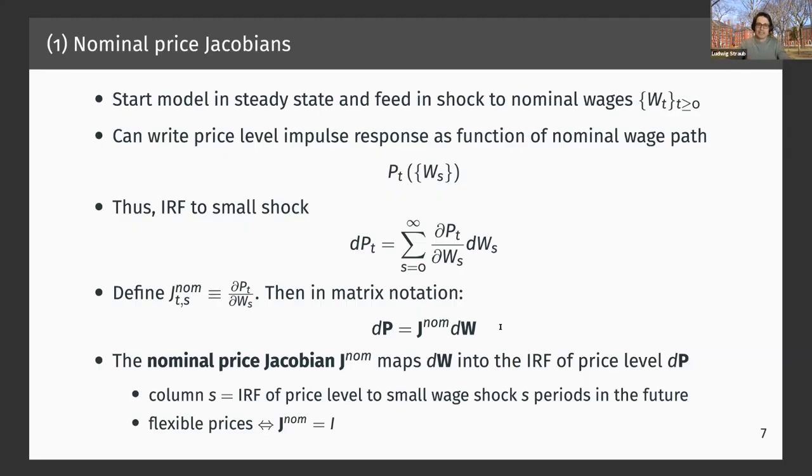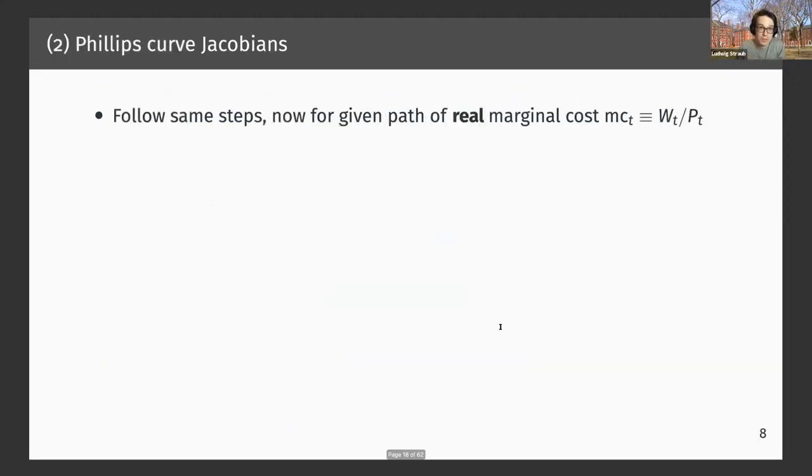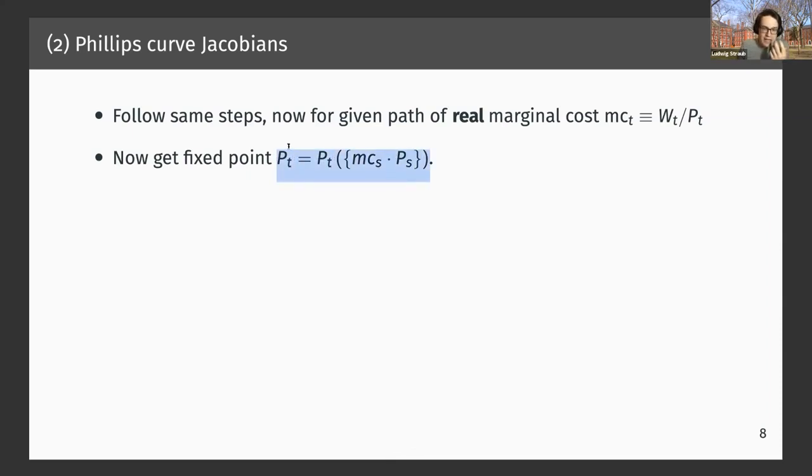Now we're going to take one more step and see whether from this model we can learn about the relationship between real marginal cost and prices. Okay, so now we're going to take as given a path of these real marginal costs, or here real wages. I'm just calling it real marginal cost because that's how we typically build it into these GE models. And now it's no longer such an easy relationship, because if you write down what the menu cost model gives you, it gives you a relationship between the price at every given period as a function of marginal costs times prices at any other arbitrary period.